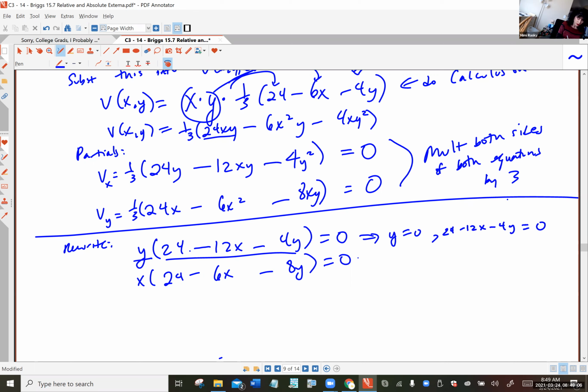And then applying the ZPP to the other partial, I got x equals 0, or 24 minus 6x minus 8y equals 0, or they both do, fine. I hope you can see that right off the bat, if we let x and y both be 0, the point (0, 0) is indeed a critical point. It'll make the system satisfied. It's a solution.